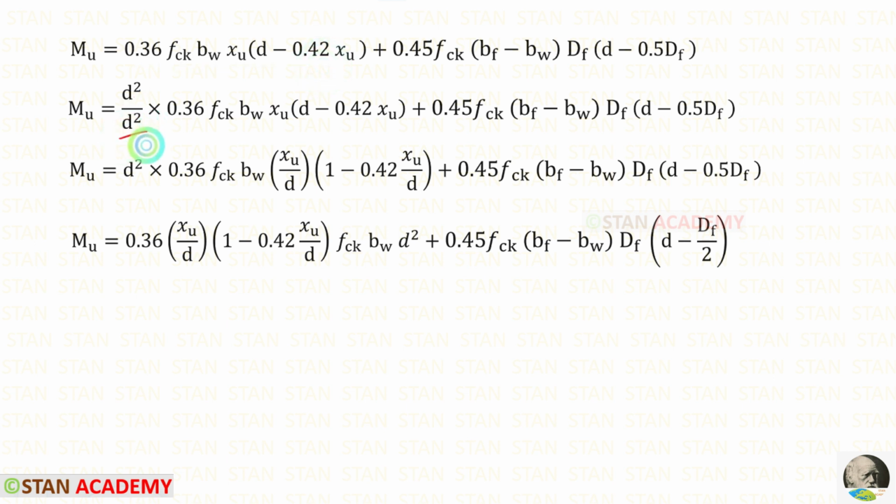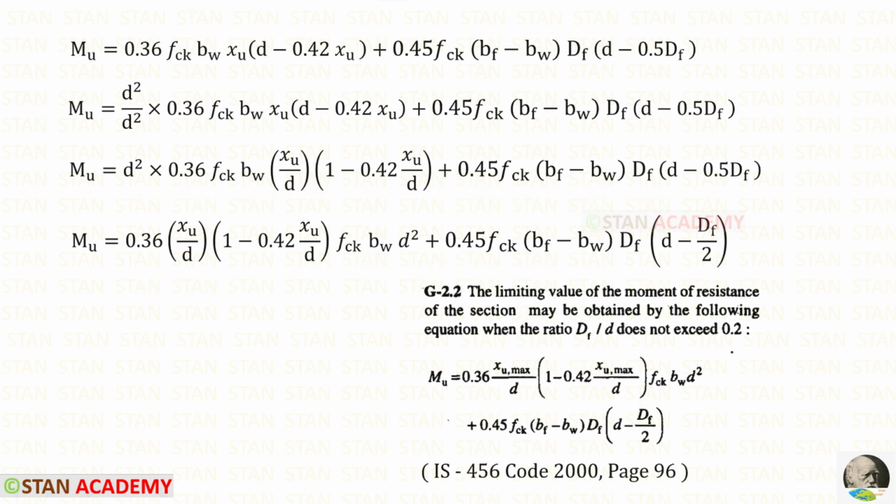We know that d square will be d into d. One d we can keep upon xu. This one we can keep inside this bracket. D upon d will be 1. And here it will be 0.42 xu upon d. Then we can rearrange this equation like this.